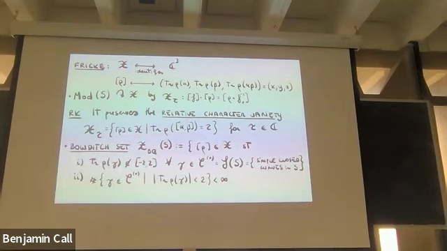When you act by the pure mapping class group, this trace doesn't change. So here we will look at the set of triples in C3 where this equation is satisfied.